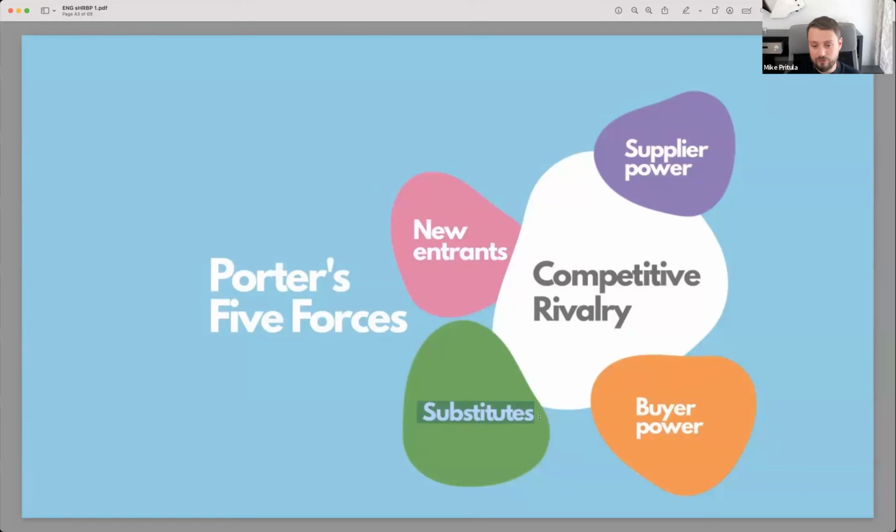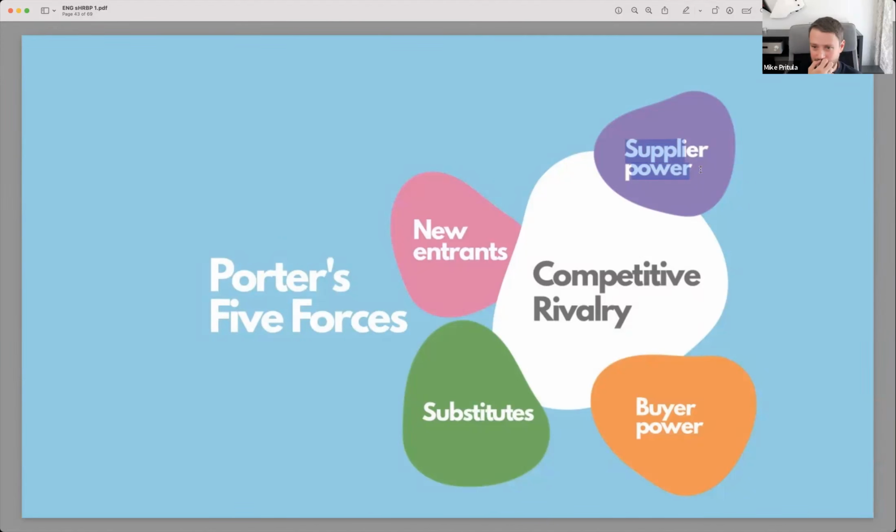Also, we have substitutes. Today we use something, but tomorrow something can substitute it, like it was before with digital cameras, with LCD monitors, and with laser printers and everything. Then supplier power.